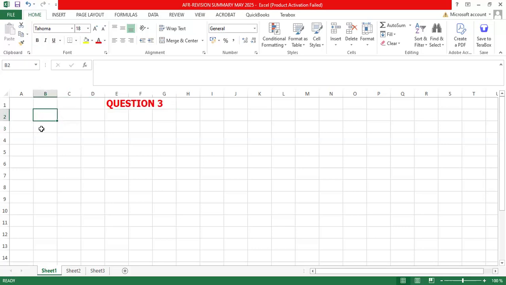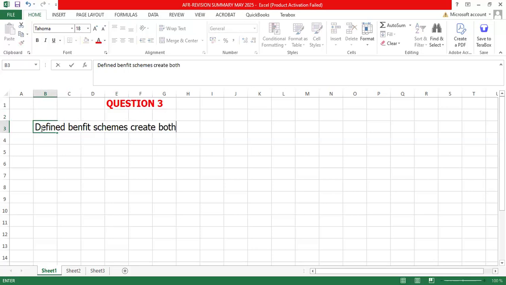So we are going to say that defined benefit schemes create both assets and liabilities. Okay, that is number 1. Our defined benefit scheme creates both assets and liabilities.